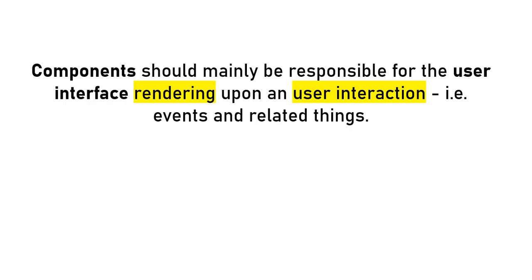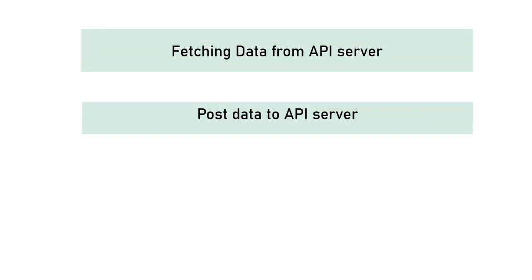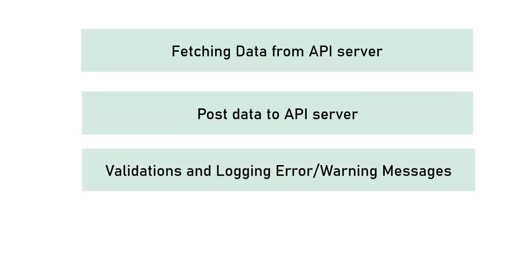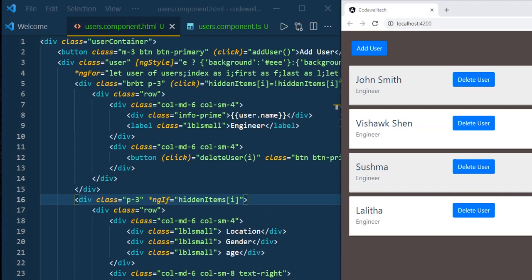But in any application, there are so many tasks involved, like getting the data from API server, validations, logging the error messages, managing the database logic, providing the business logic, etc. And how can we achieve all these tasks, and what if more than one component performs these tasks? Using the services, we can achieve all these tasks.